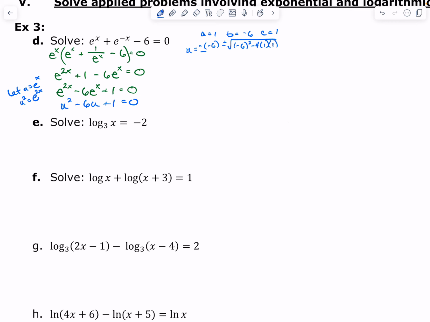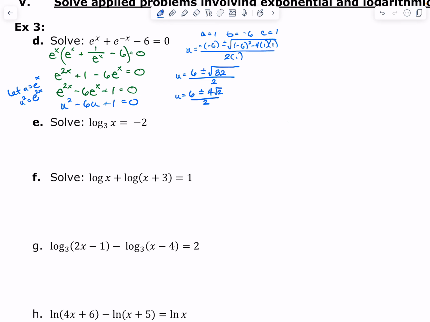I'm using the quadratic formula because this one cannot be factored. I got 6 plus or minus the square root. What is that? 36 minus 4, which is 32, all over 2. 32 is 16 times 2, so square root of 16 is 4 times the square root of 2 over 2.